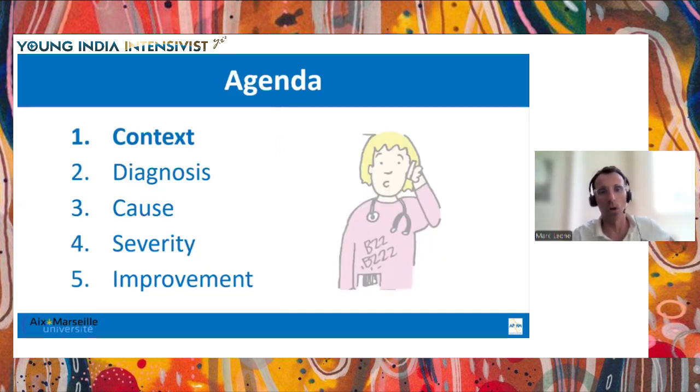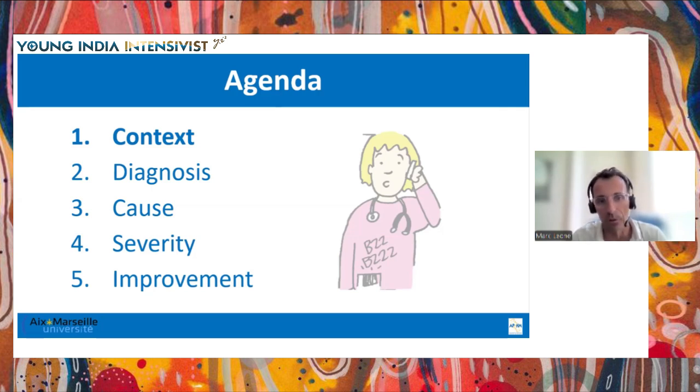The agenda of our presentation today: we will start with a contextualization of the clinical examination. Next, we will focus on diagnosis, which is very important in the process we can conduct in front of a patient with sepsis. We will stress the cause of sepsis.